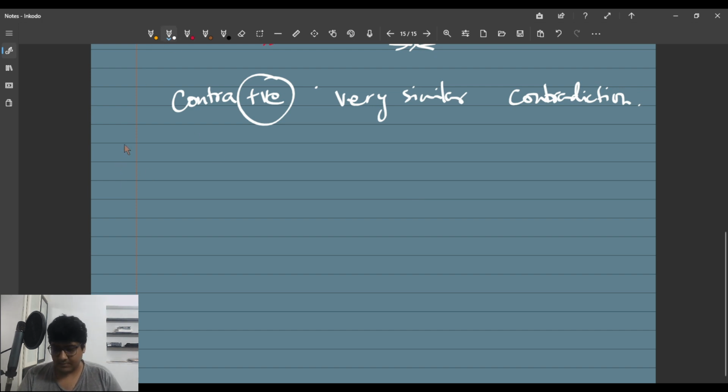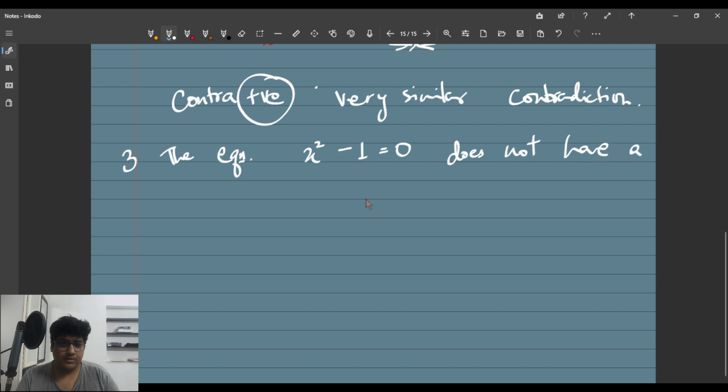So the next problem we have is another statement we'll have to prove or disprove. The equation x square minus 1 is equal to 0 does not have a root lying between 0 and 2.